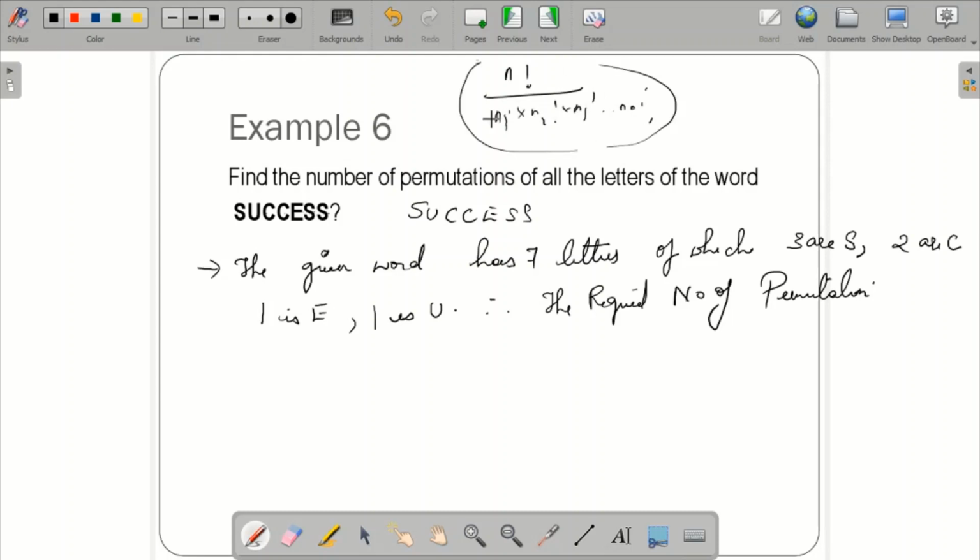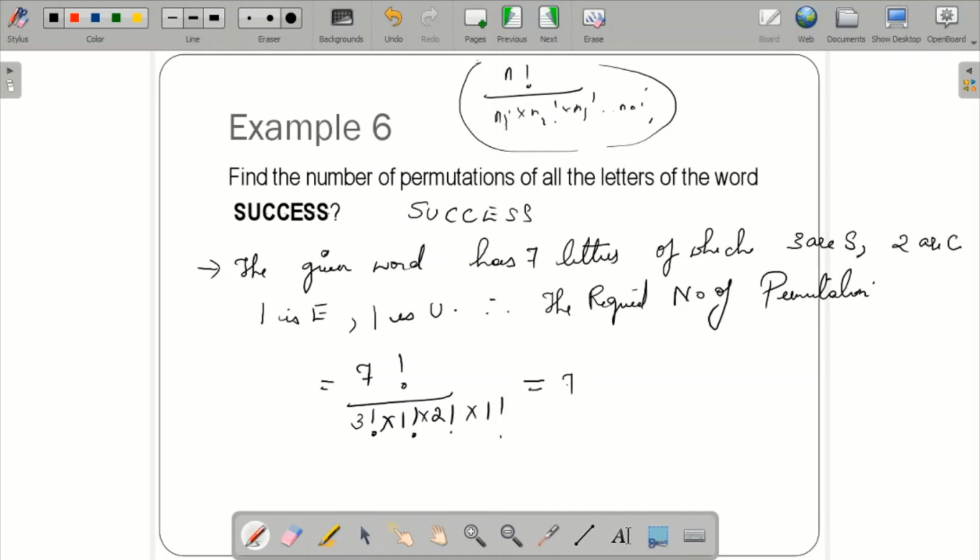This formula I am going to use. So the required number of permutations is 7 factorial divided by 3 factorial for S, 1 factorial for U, 2 factorial for C, and 1 factorial for E. So this is the required answer.